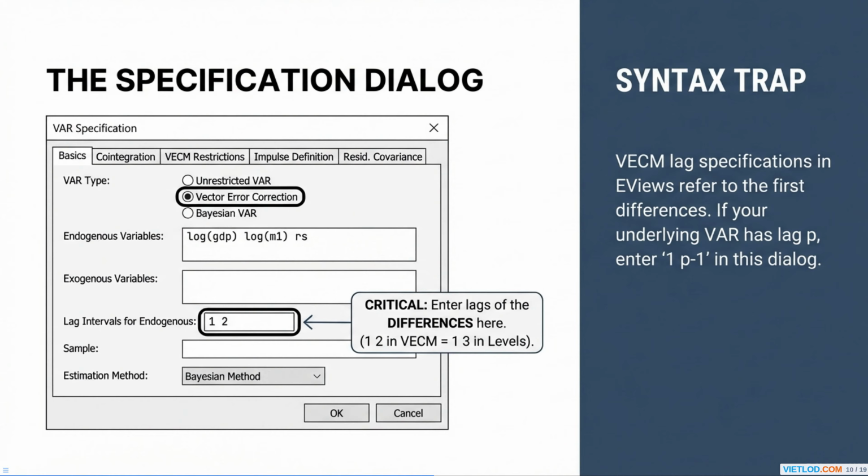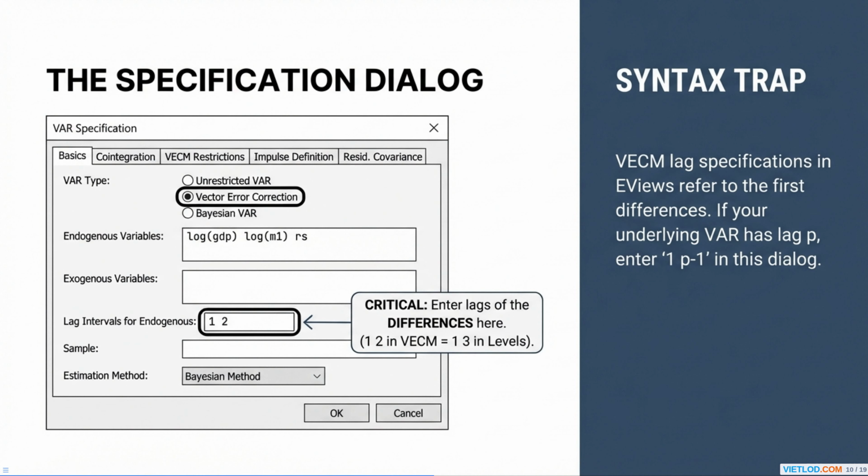This slide shows the VAR specification dialog in EViews, configured for a vector error correction model, VECM. Crucially, when specifying lag intervals for endogenous variables in a VECM, you must enter the lags of the differences. For example, if your underlying VAR model has a lag of P, then in this dialog for a VECM, you should enter 1 to P-1.